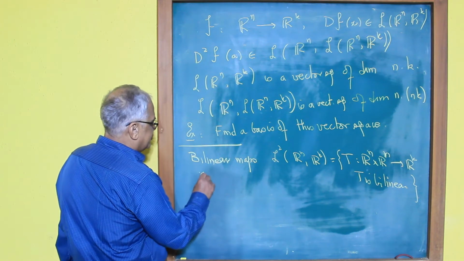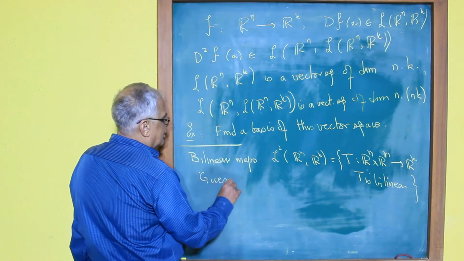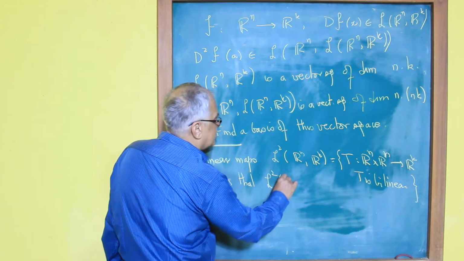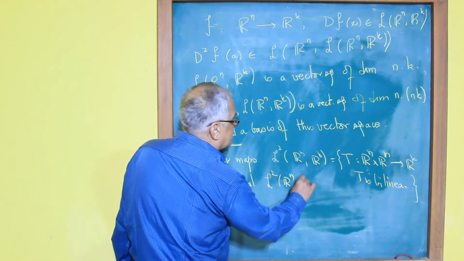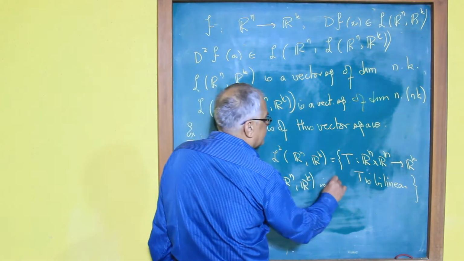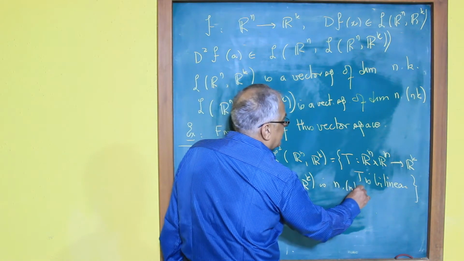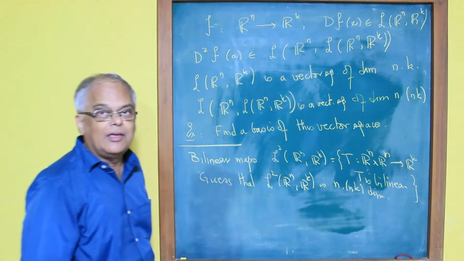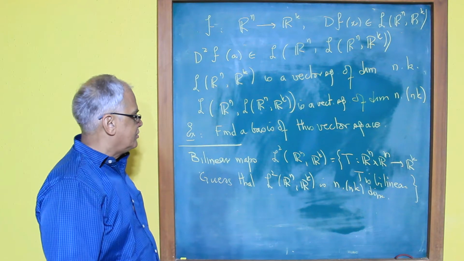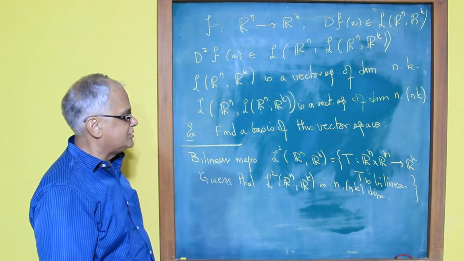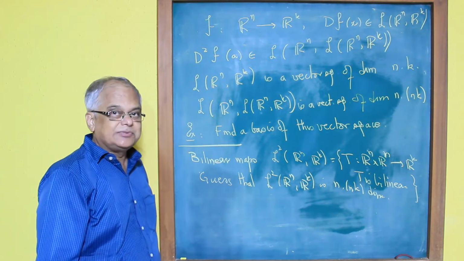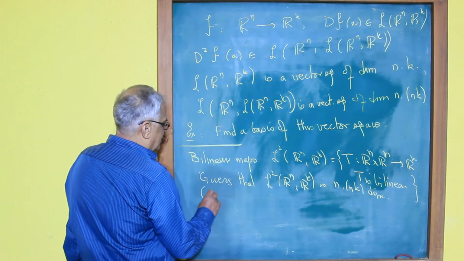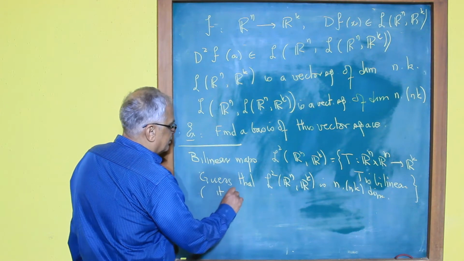So guess that L2 of Rn, Rk is n into n times k dimension. I should also state that bilinear maps themselves form a vector space.